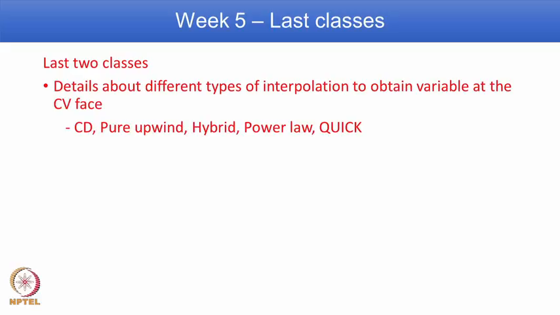The accuracy of the scheme depends on what type of approximation you are using, and we had seen five approximation procedures: central differencing type approximation, pure upwinding, hybrid scheme, power law scheme and QUICK scheme.